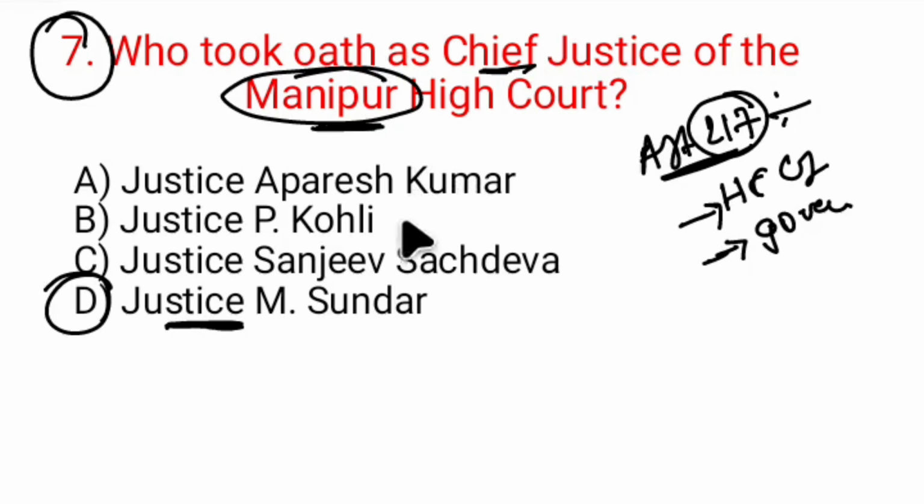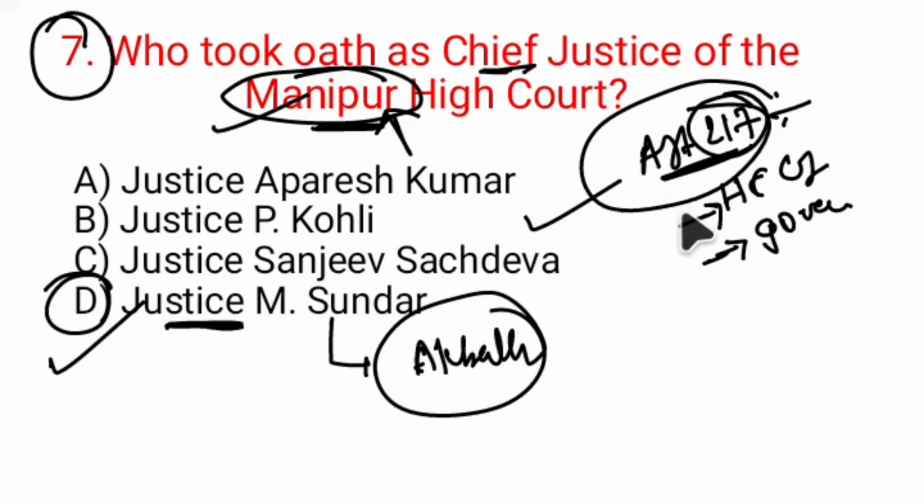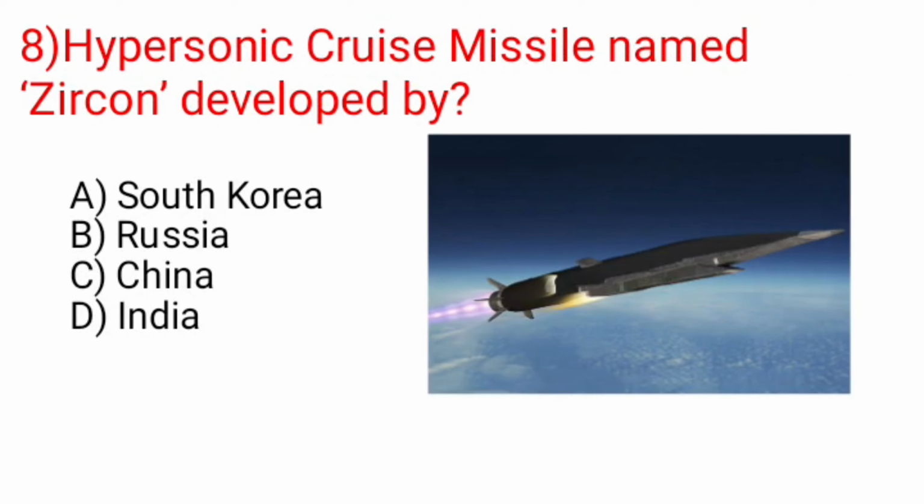And this oath of hers was administered by whom? Ajay Kumar Balla, and he is the Governor of Manipur State. So Justice M. Sundar has been appointed as Chief Justice of Manipur High Court, and this constitutional provision is Article 217. Therefore option D is the right option for question number 7.